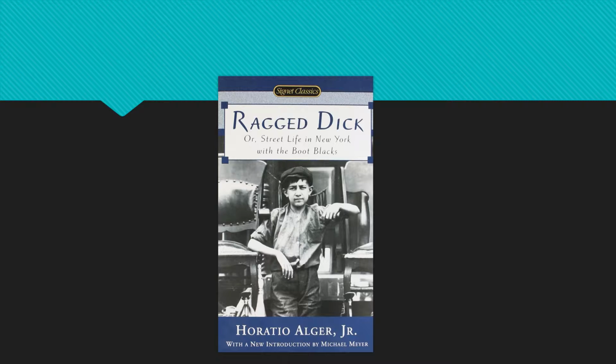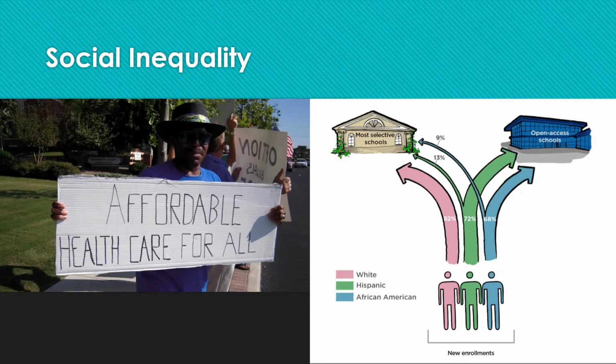And Alger wrote over 100 novels, and a lot of them were about high-minded, poor young white boys who were seeking fame and fortune. And these books were very popular in the late 19th century, at a time when there was a wide range of economic inequality. And so that brings us to what is social inequality.